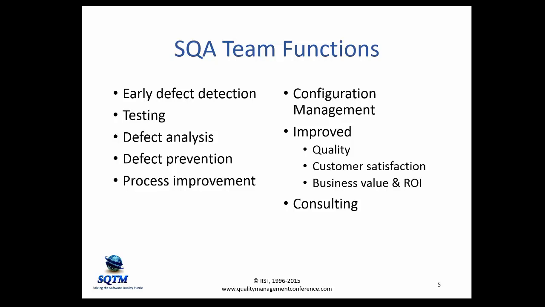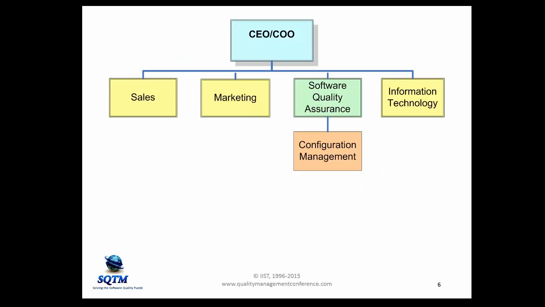So if these are the functions, how do we organize it in our organization, and what are the components? First of all, software quality assurance should be on the same level of reporting as information technology, marketing, sales, and any of the others.